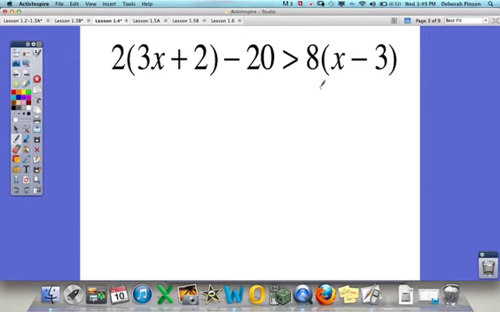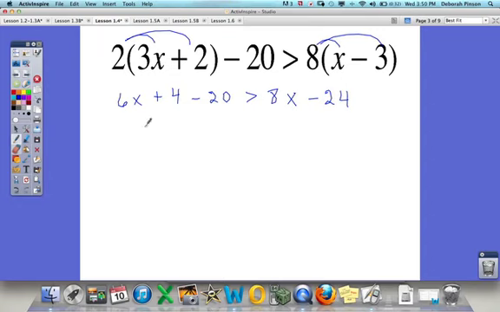Okay, so going through to solve here, I've got to make sure I do my distributing and combining like terms first. So I'm going to distribute each of these. Just bring down that -20. Distribute out the 8. I'm going to combine my like terms.